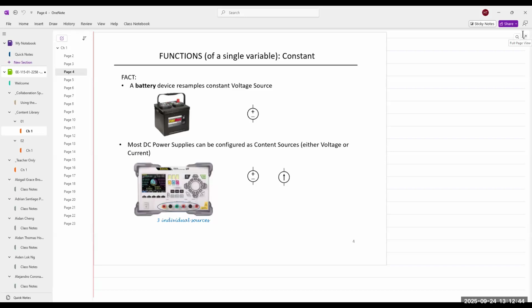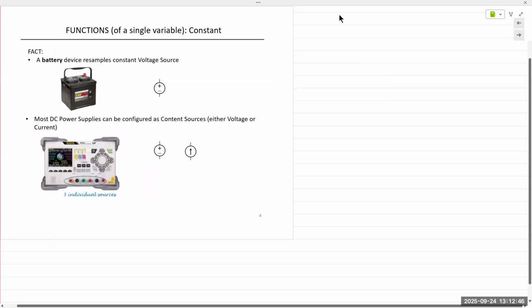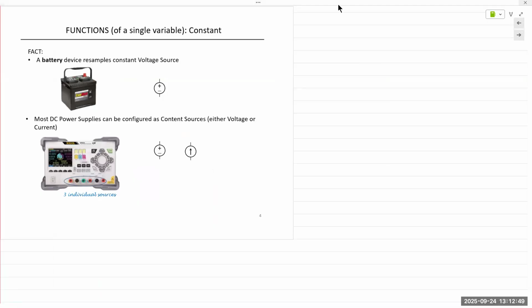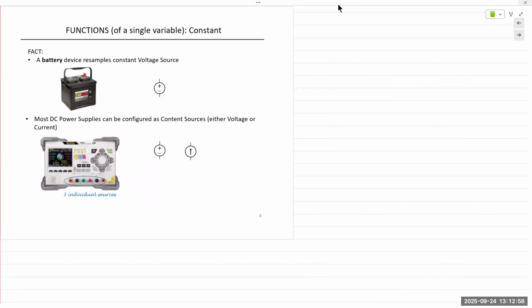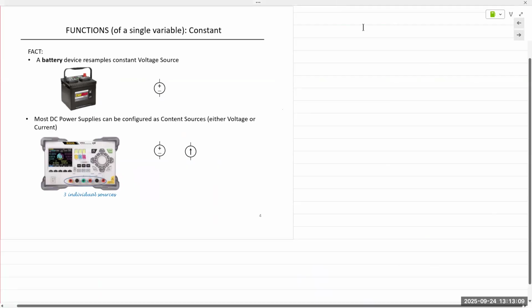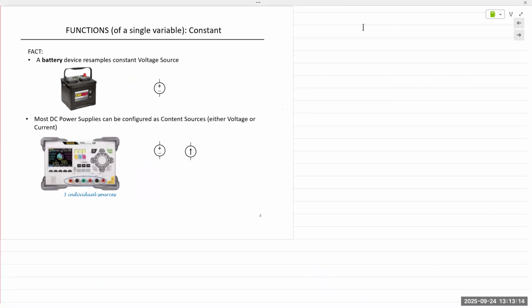All right. So let's begin today here. We spoke about what a voltage source and a current source is. An example is shown right here. A battery is an example of a DC voltage source. There's DC and there's AC. Any kind of battery, the coin cell, AAA, AA battery, C cells, D cells, all of those are examples of DC voltage source.